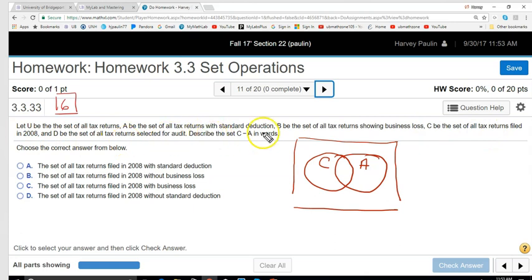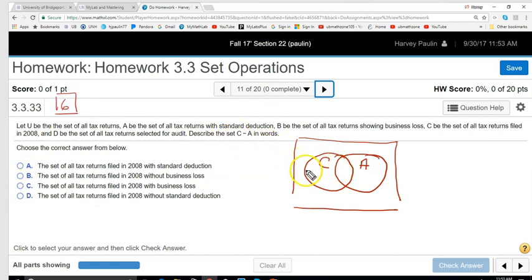Now, they're asking you to take these two specifics, set C, and then subtract A from it. So in a Venn diagram, what would that be? Well, any elements that were in A and C need to be subtracted. So you only are left with this portion. So take a look and see which letter would suit that.